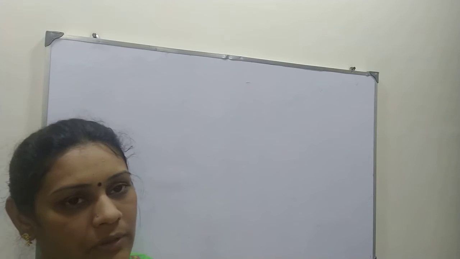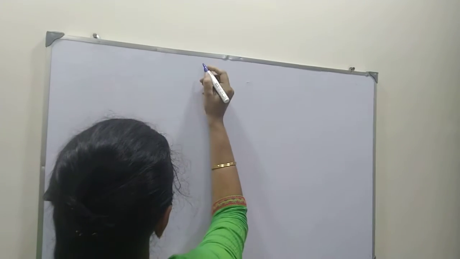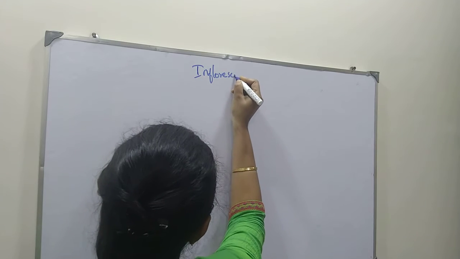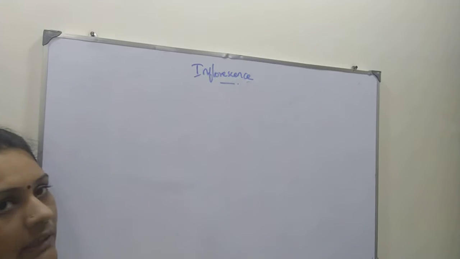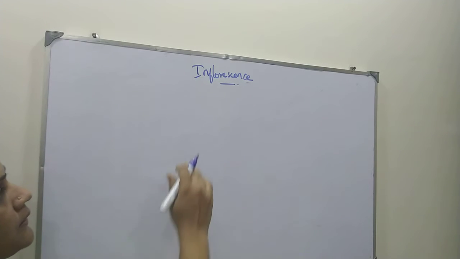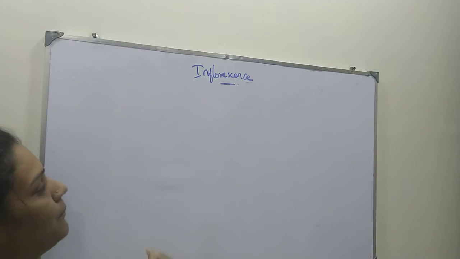You should know the main thing, that it's about inflorescence, and I am going to explain this second type. This is classified based on the branching and the number.